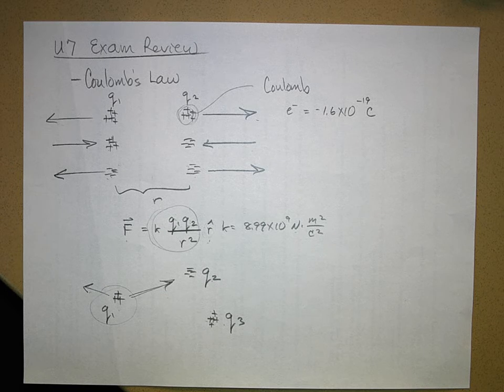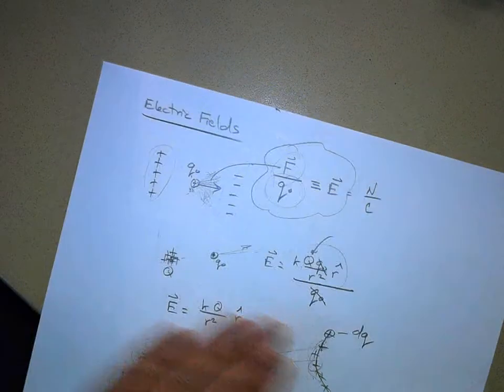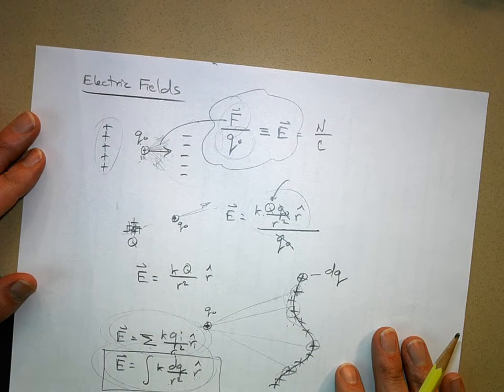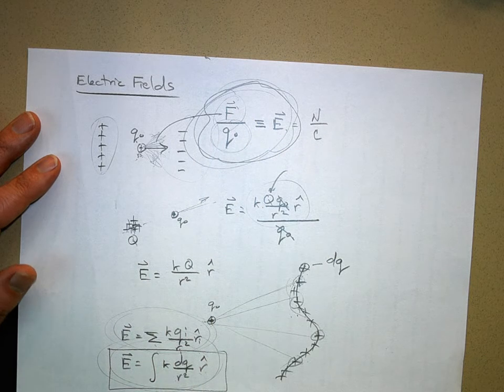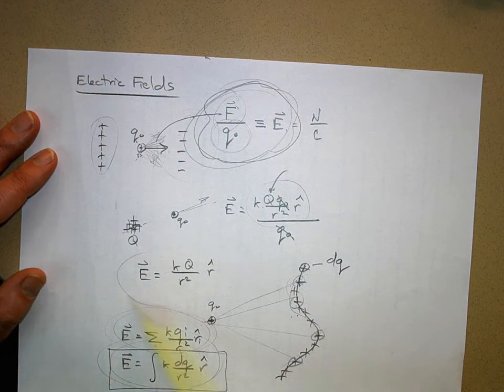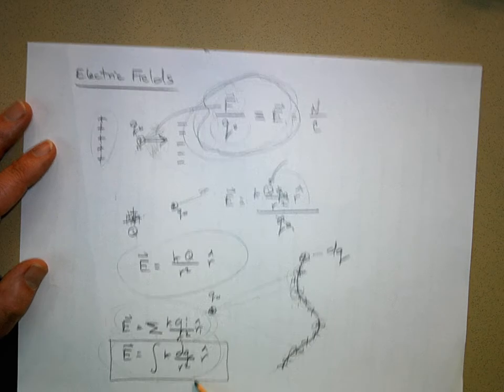From there, we defined electric fields. Make sure you know the relationship between force, charge, and electric field, for point charges and for continuous charge distributions, and for a series of point charges.